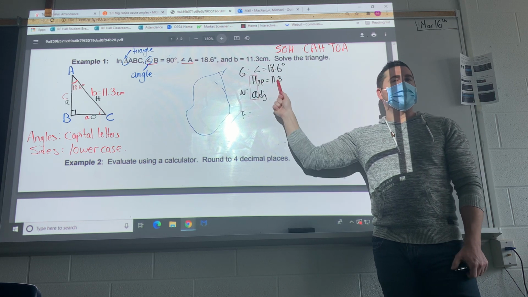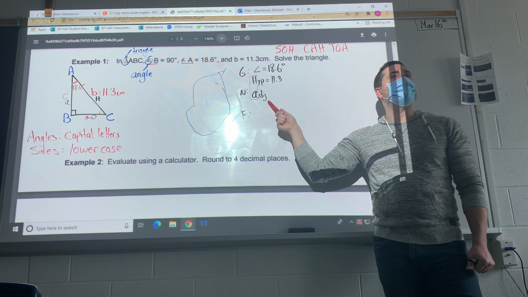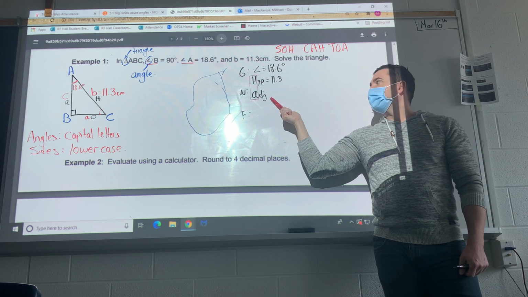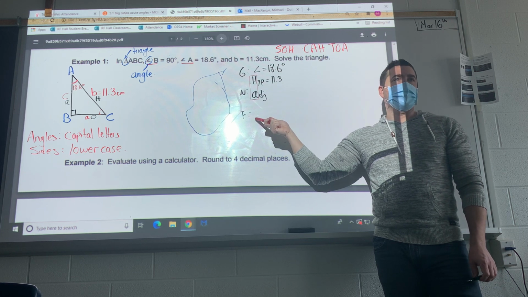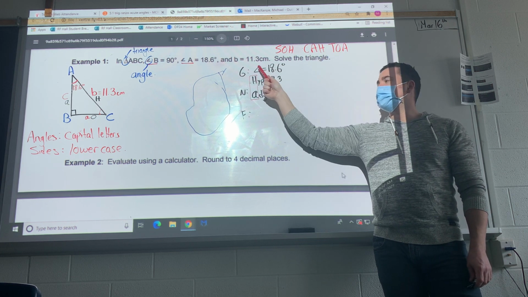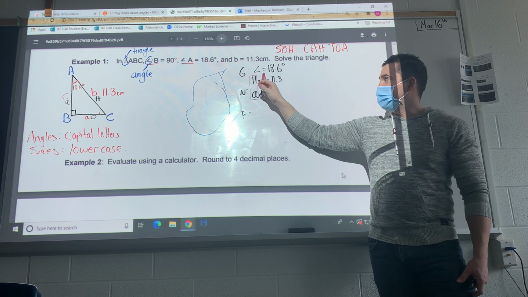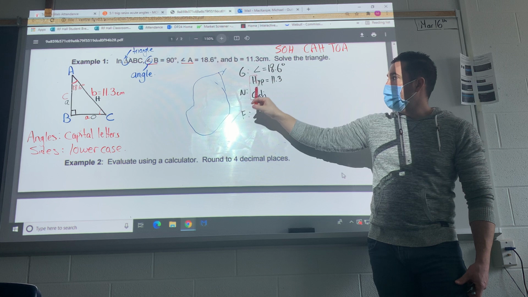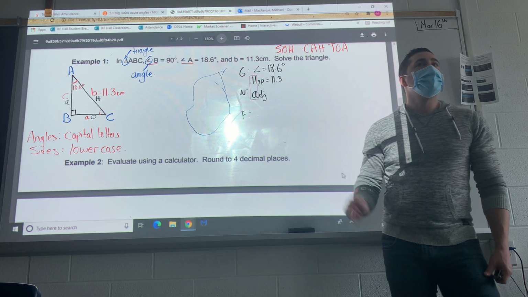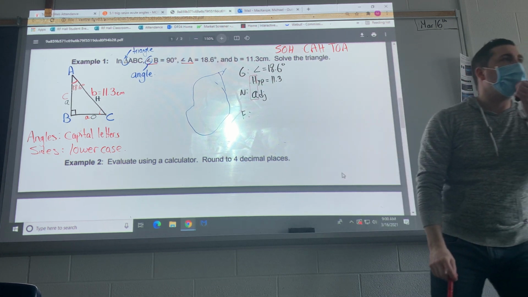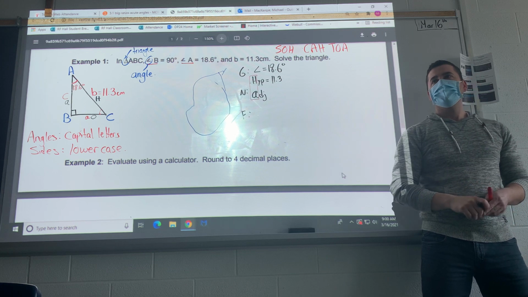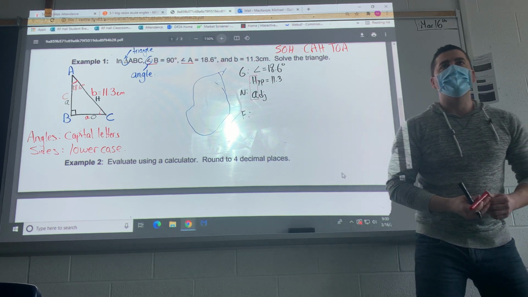We have our angle on one side. What do we need to find? Well, we need to find our adjacent side. Okay, and now what's the formula we're going to use? Okay, so what's given, what we need, and what is the formula? Okay, so I boxed off this because that represents our A and H. So which formula has the A and H in it? What formula has the A and H?